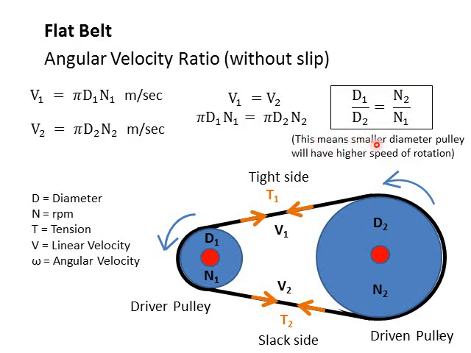This means a smaller diameter pulley will have a higher speed of rotation.